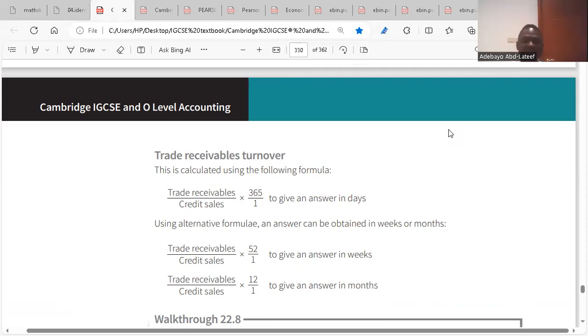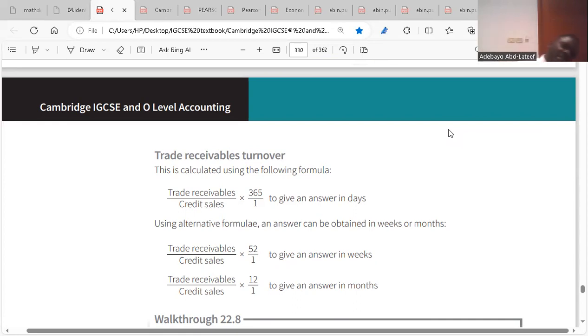Here they said, alternatively, you can say trade receivable over credit sales times 52 weeks. It's still the same. Weeks and months you can do. If you want to use days, you use days. If you want to use weeks, you use weeks. If you want to use months, you use months. For trade receivable turnover, it is trade receivable divided by credit sales. If it is monthly, 12 months. If it is weekly, 52 weeks.